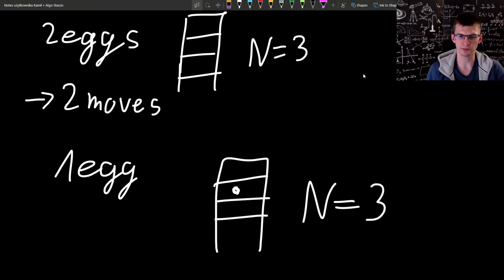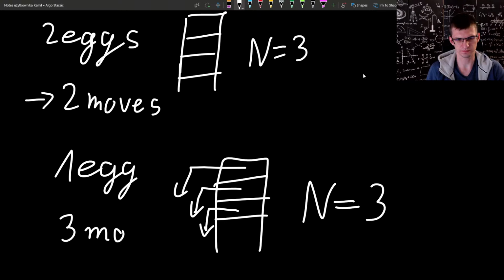Then if you drop the first egg from here and it cracks, you don't know if the answer is this floor or the one below. Maybe it's enough to drop from here to make it crack, and you're out of eggs, so you cannot make this move. Sadly, you need to drop from here, then from here, then from here. So we need 3 moves.